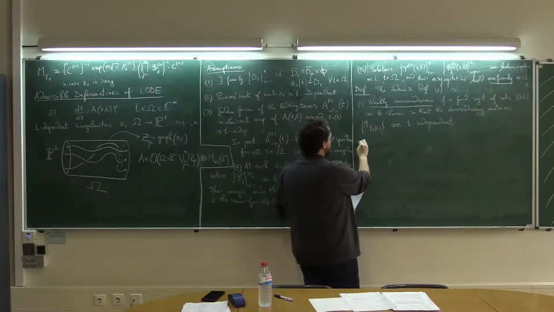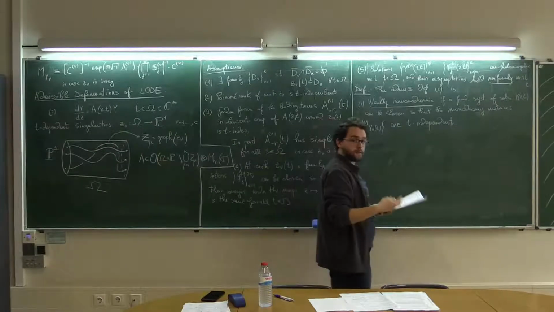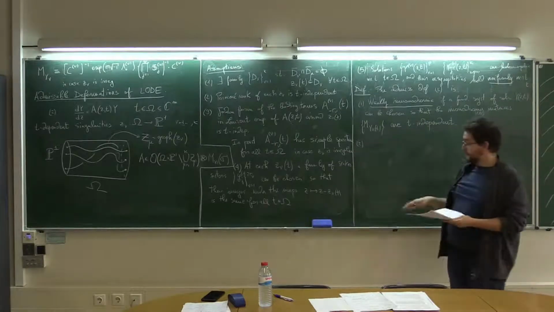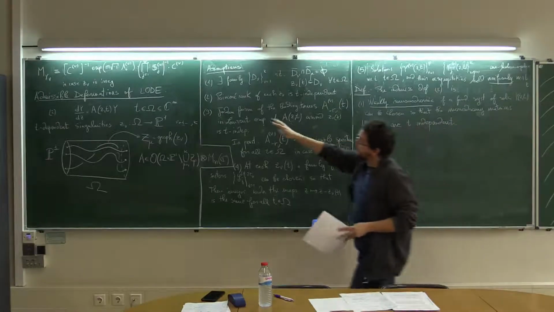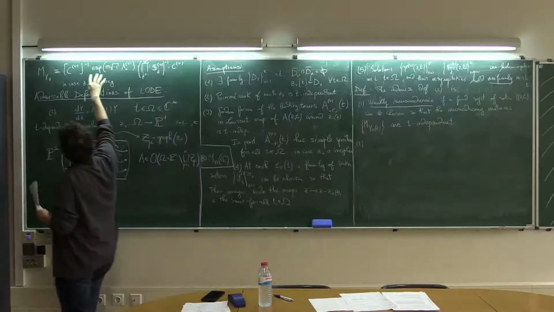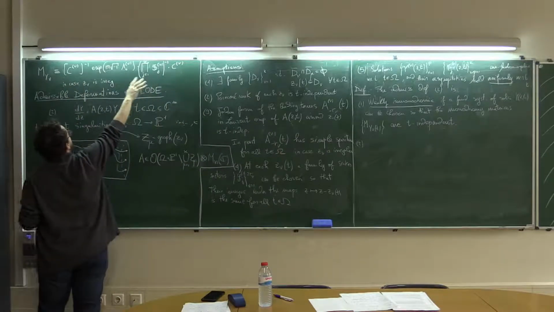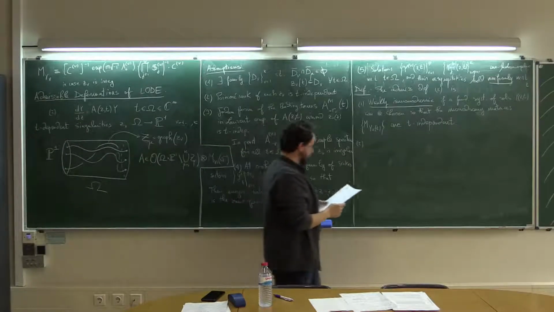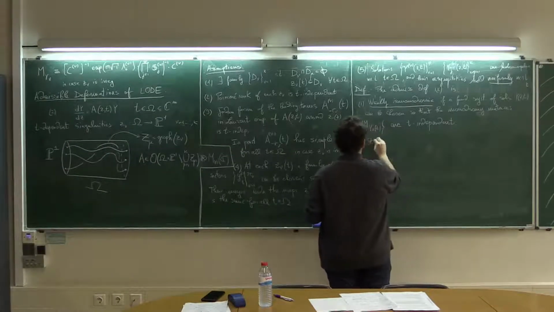But actually we introduced a stronger set of information, this monodromy set. And I show to you that the elements of this monodromy set are factors for the monodromy matrices. So I will call it strongly isomonodromic.